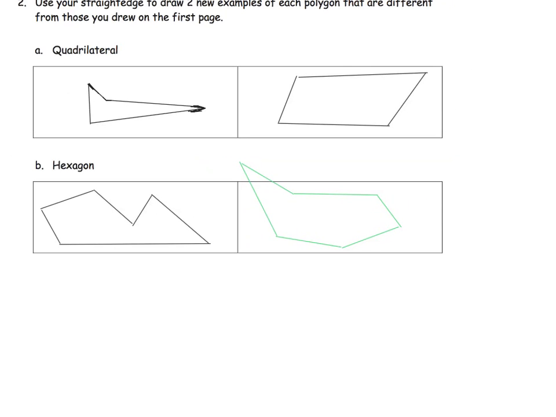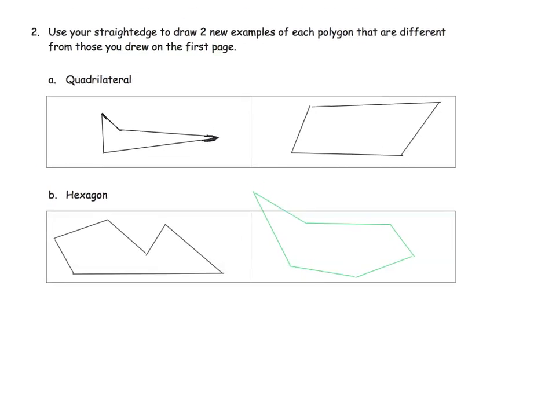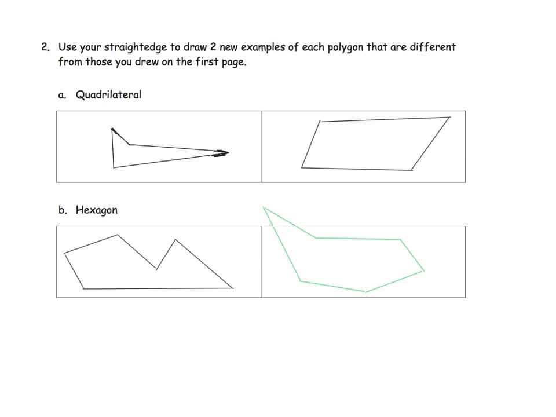Okay, let's do 1, 2, 3, 4, 5, 6. There we go. That's kind of crazy. So there's my couple of quadrilaterals. Here's a couple of hexagons, and that's the idea for this lesson.